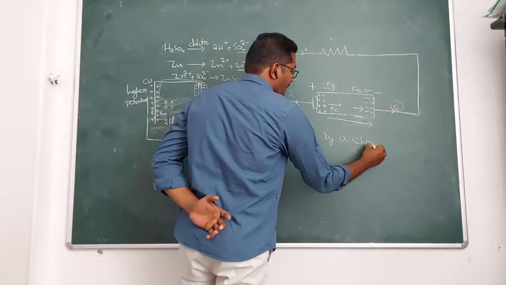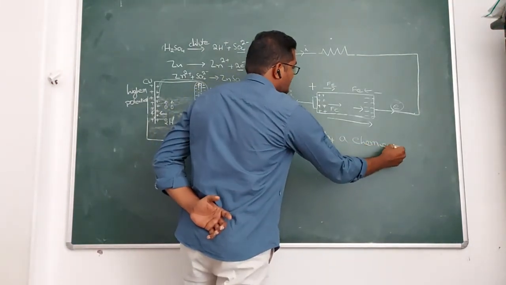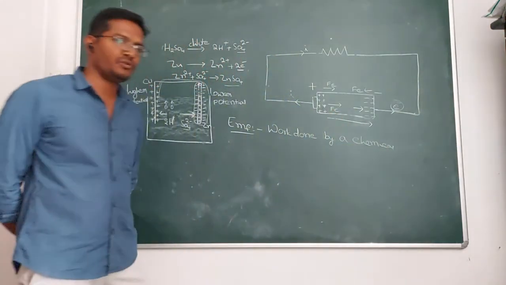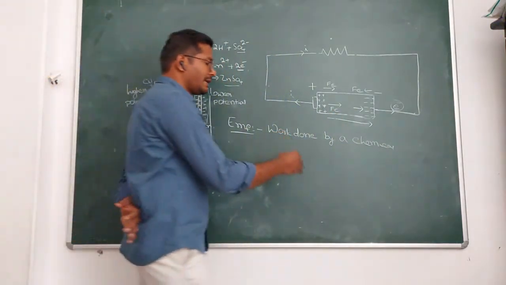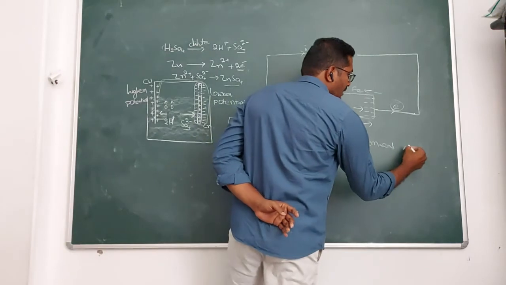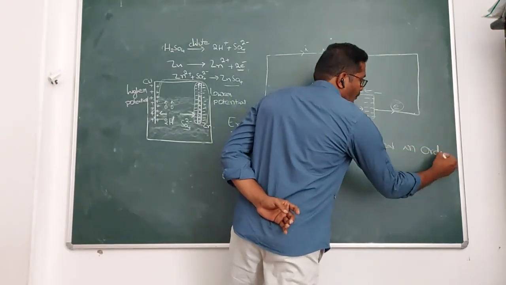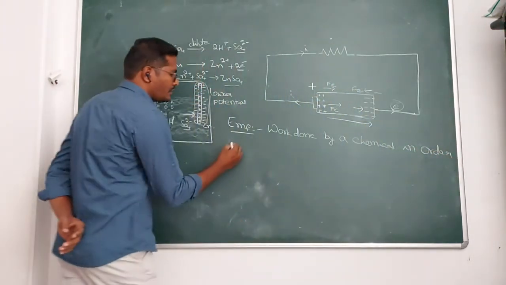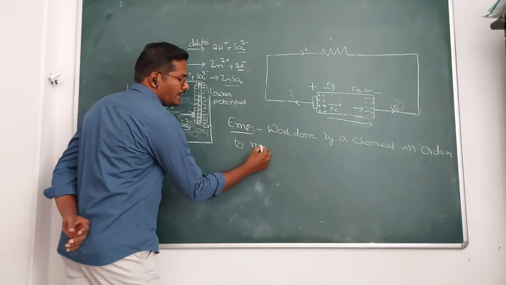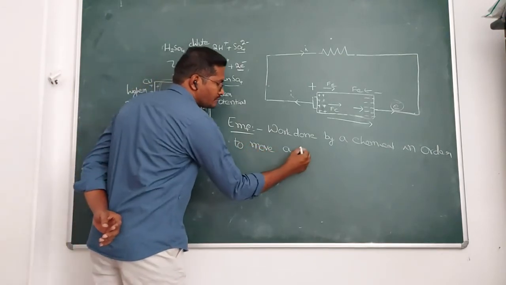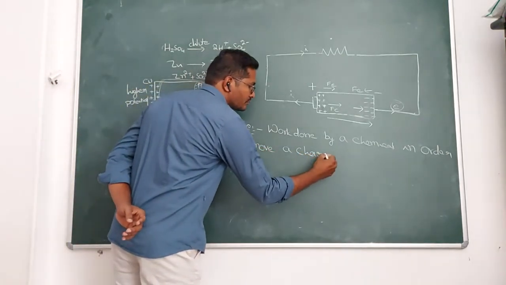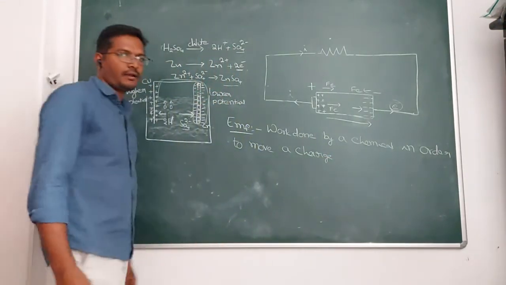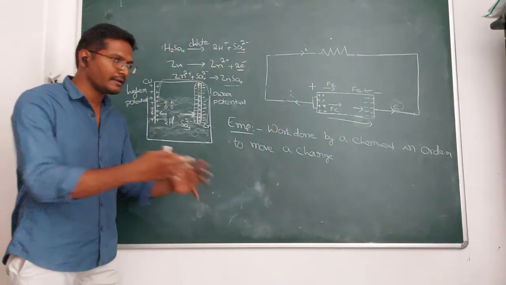Who is doing the work here in order to push the charge? A chemical is doing that work. Work done by a chemical in order to move a charge, where? Not outside the battery, inside the battery.